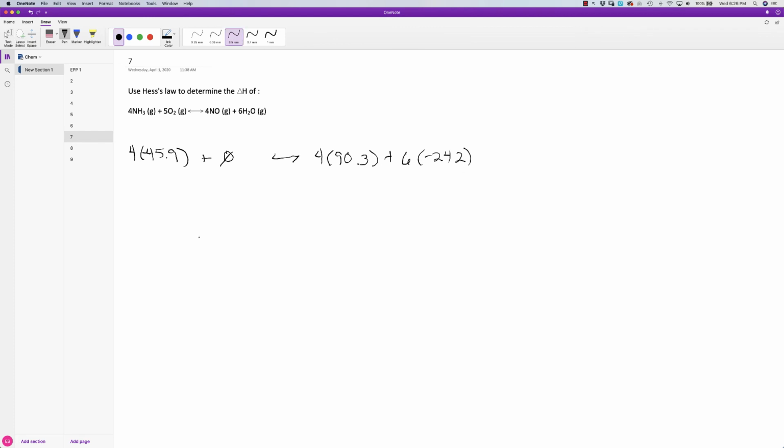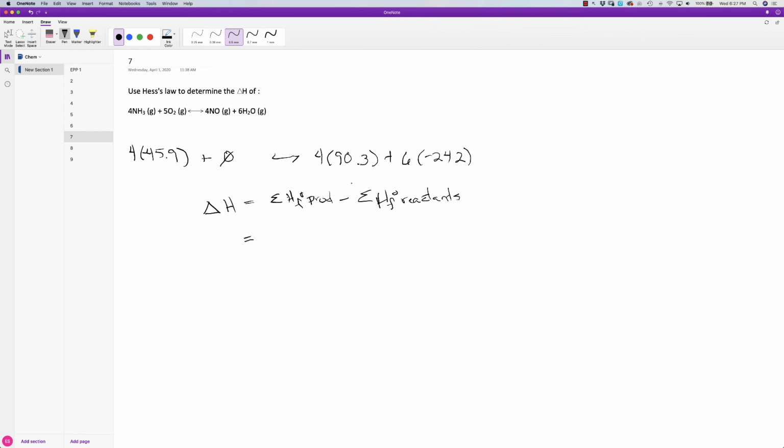All right, so we found our values on the chart. Now we need to remember our equation. Enthalpy is equal to the sum of the products minus the sum of the enthalpy of formation of the reactants. Remember, this is the one where they switch sides.